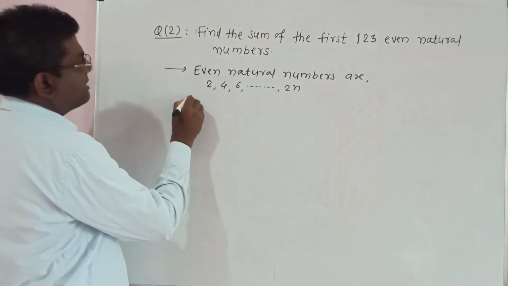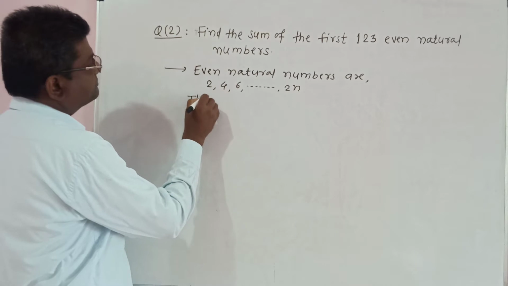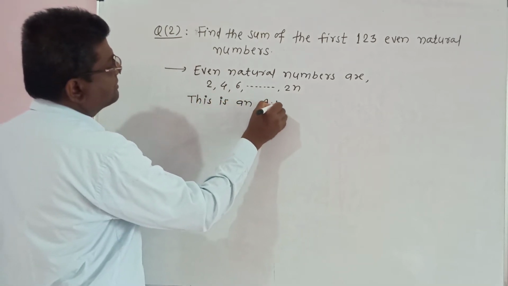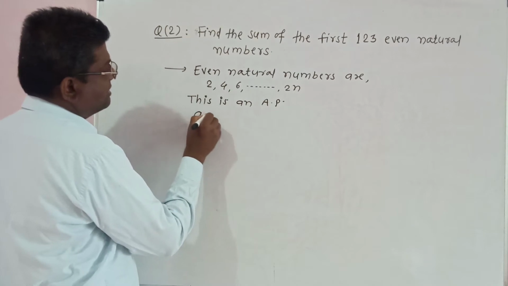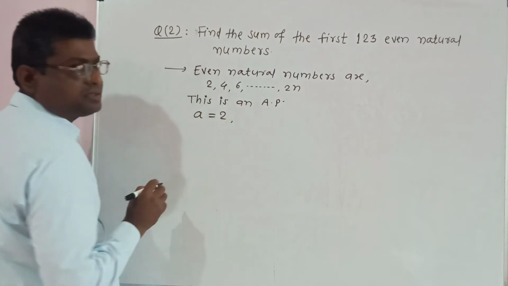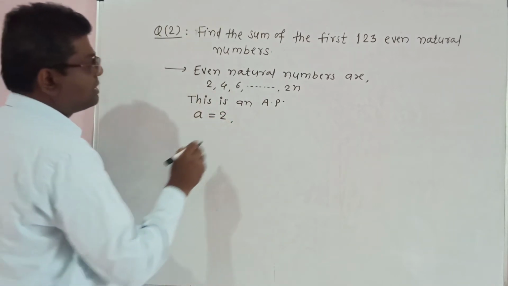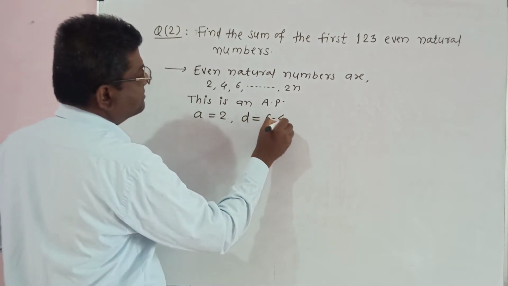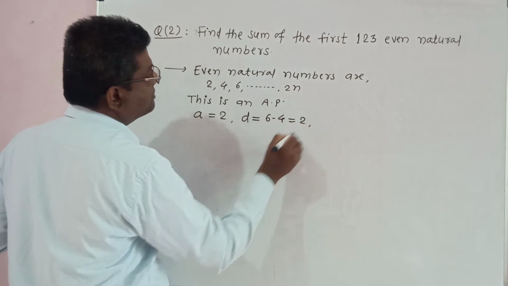So this is an AP where a is equal to 2, the first term of the AP. d is the common difference, 6 minus 4 is equal to 2.